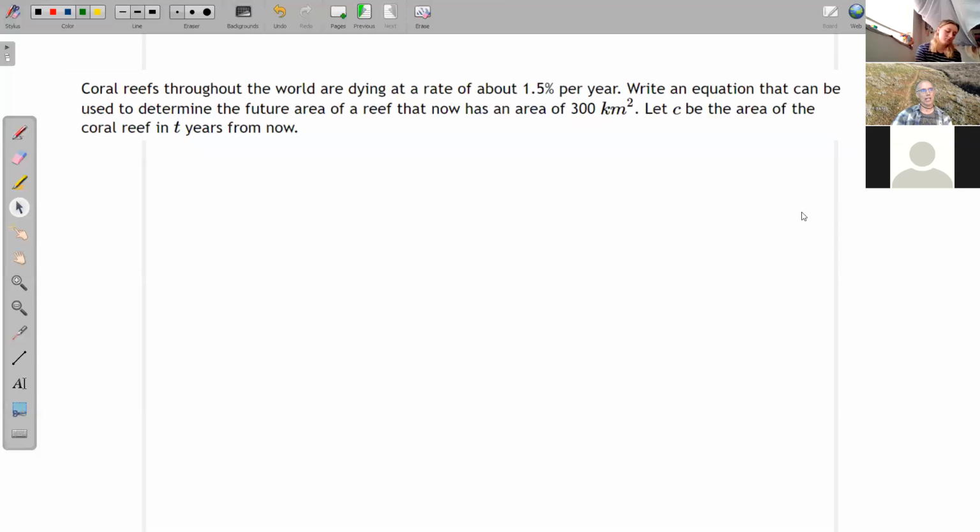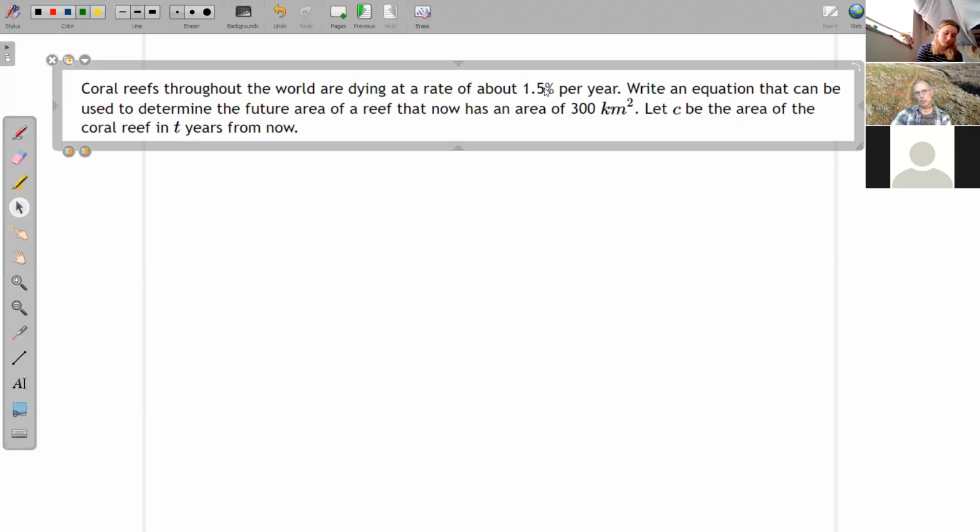Write an equation that can be used to determine the future area of coral reefs that now has an area of 300 square kilometers. Let C be the area of the coral reef in T years from now. Because they use the word rate and there's a percent, I'm leaning toward exponential.